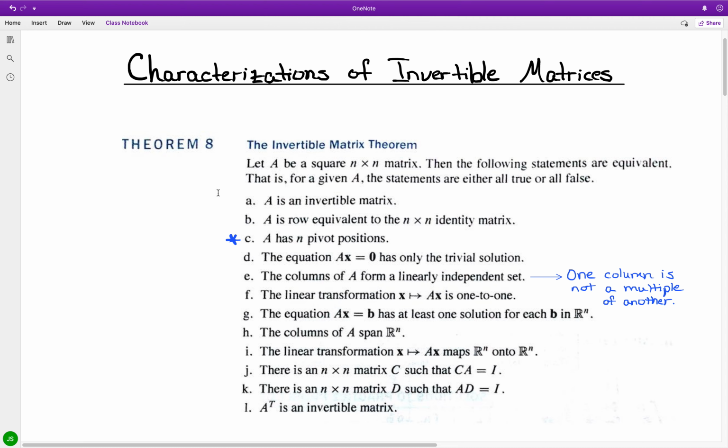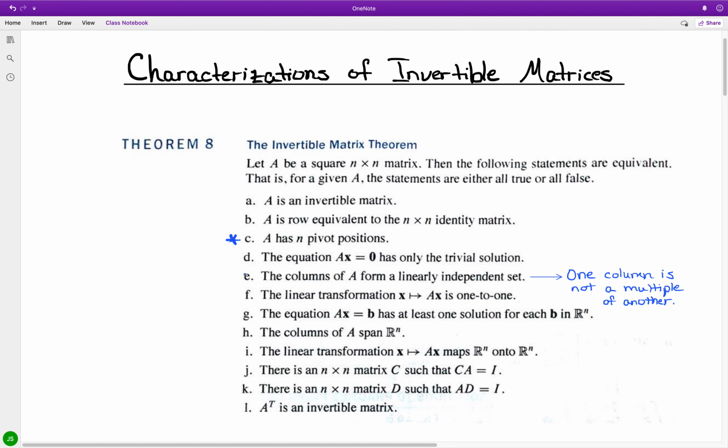In the case of the invertible matrix theorem, a couple of statements really stand out. For the asterisk I have here, A is going to have n pivot positions. Like if the number of rows and columns were respectively 3, then you would expect 3 pivot positions.